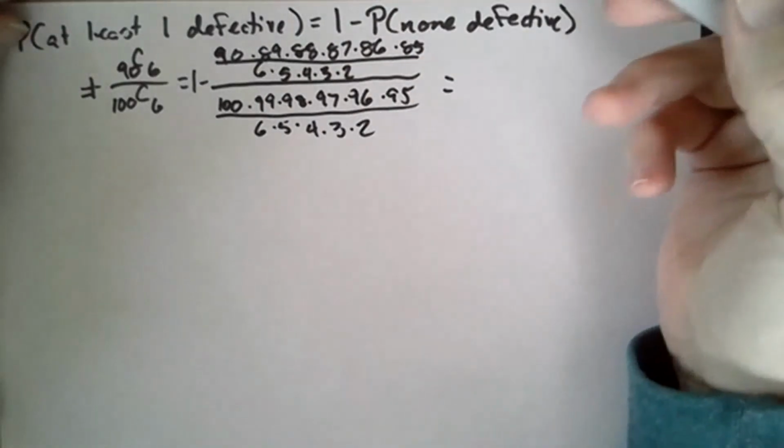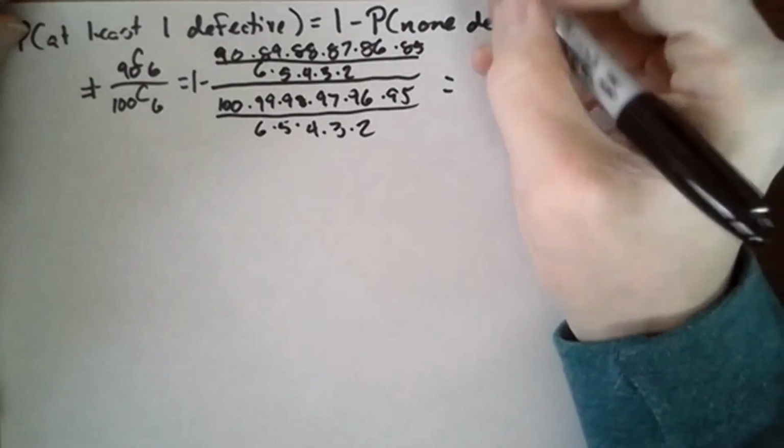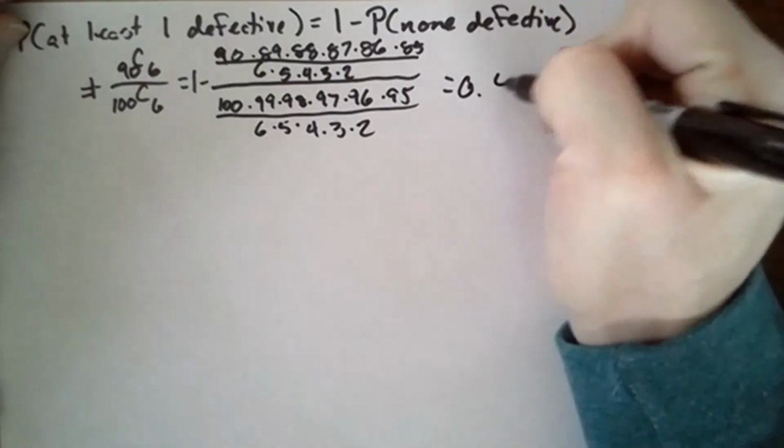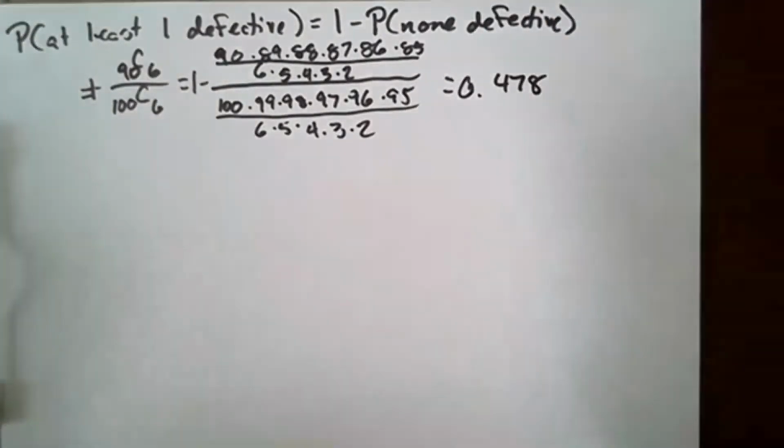And when we do all of this out, the probability that we don't get any is about 0.478.